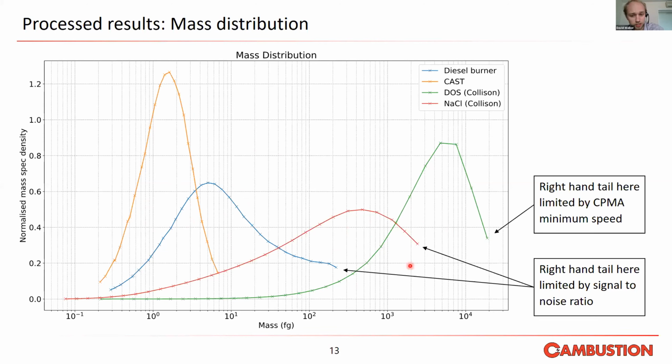In this case, it's the right-hand tail which is challenging to resolve. In one case, we're up against, this time, the minimum speed of the CPMA, but in general, the signal to noise is getting problematic because you're fundamentally counting a small number of very large, heavy particles, and that means there's just not a great deal of signal around.